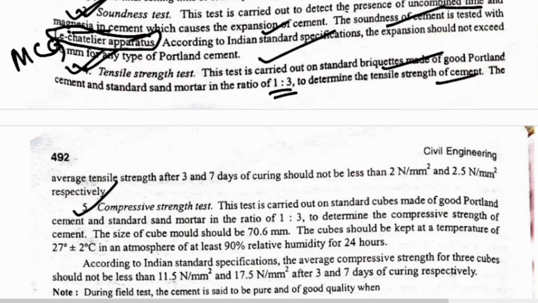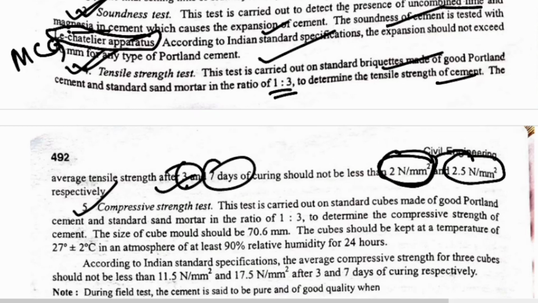The average tensile strength after 3 and 7 days of curing should not be less than 2 Newton per mm square and 2.5 Newton per mm square respectively. That means 3 days, 2 Newton per mm square, 7 days, 2.5 Newton per mm square.